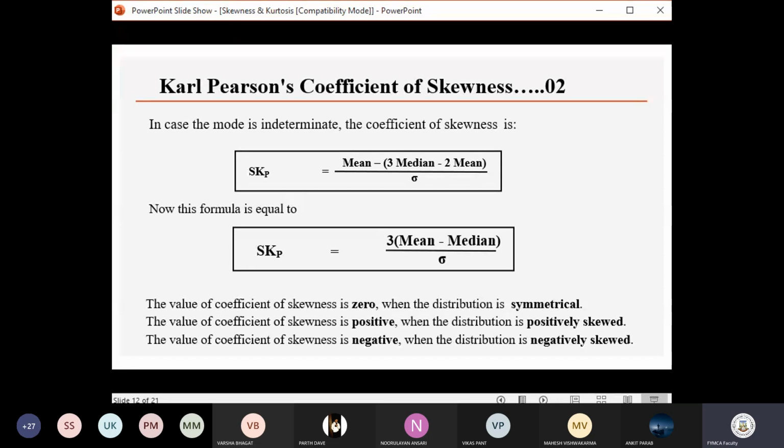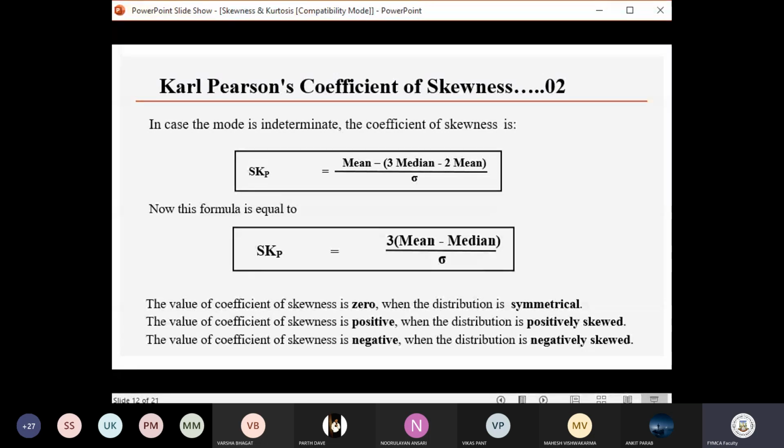Based on the coefficient of skewness, what is understood? Whenever the skewness is 0, that is, after the calculation you get a 0 value, we say that this distribution is symmetrical, and there is no skewness.